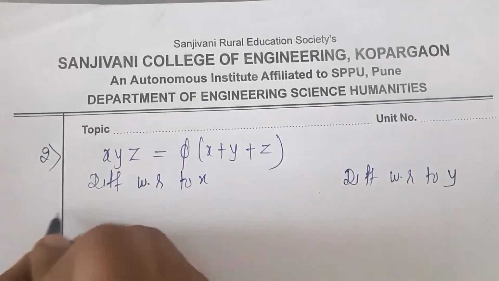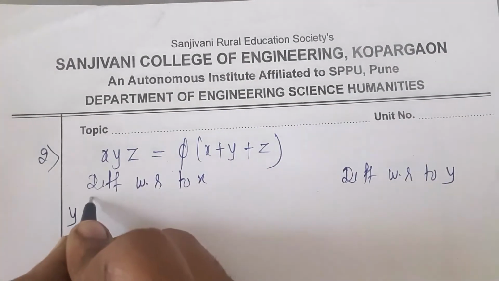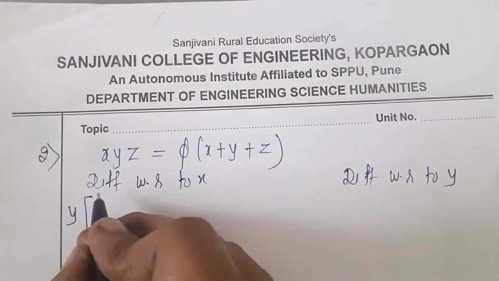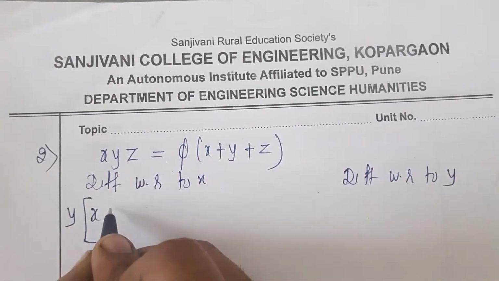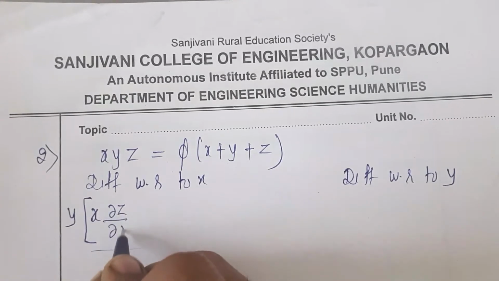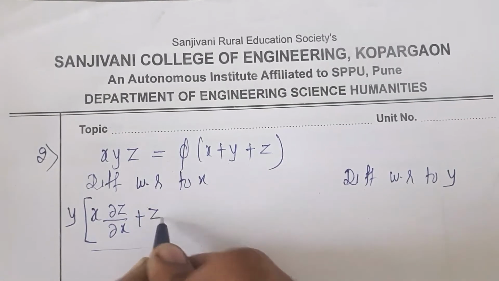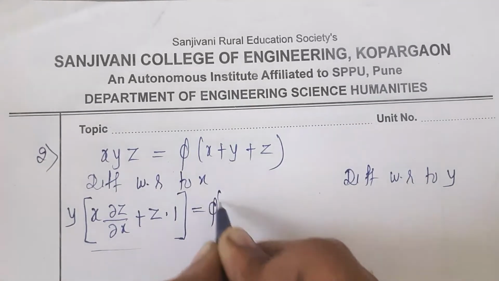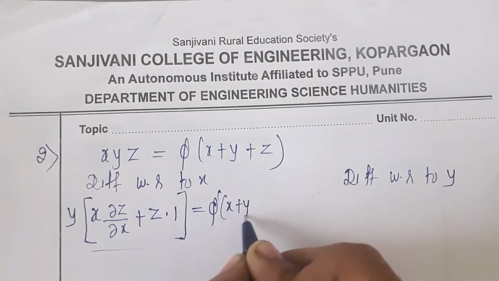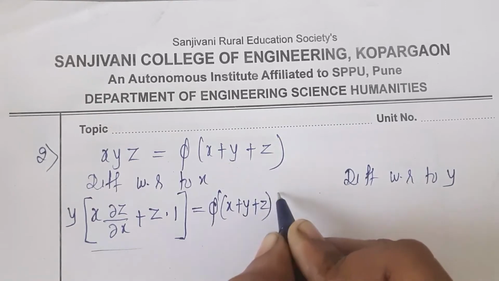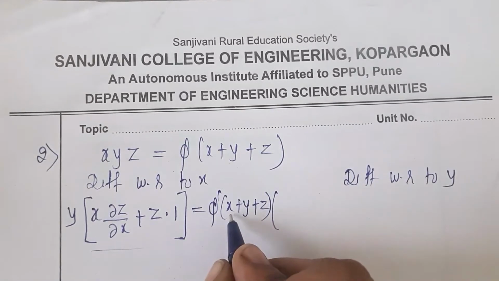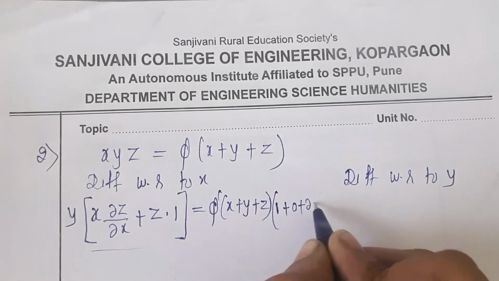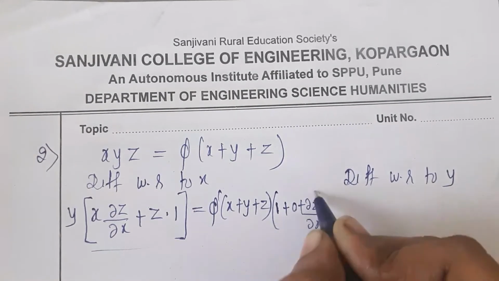With respect to x, y is a constant term, so we keep it as it is. Then the derivative of x into z, so we have to use the product rule. X into the derivative of z with respect to x, which is del z by del x, plus z into the derivative of x, which is 1, is equal to phi dash of x plus y plus z multiplied by, in brackets, the derivative of x is 1, the derivative of y is 0, and the derivative of z is del z by del x.